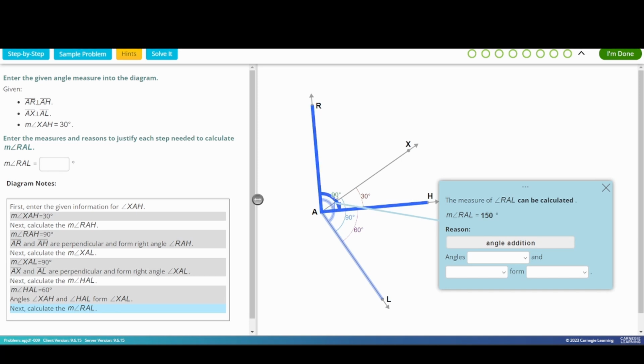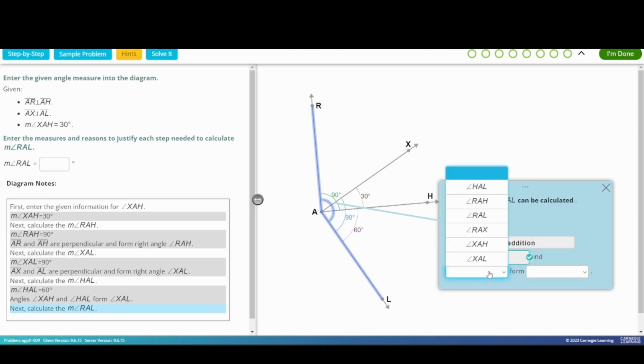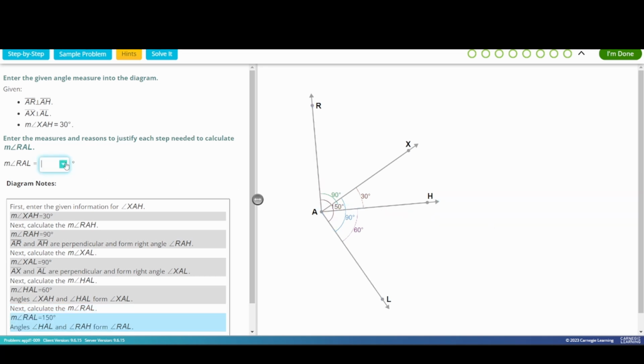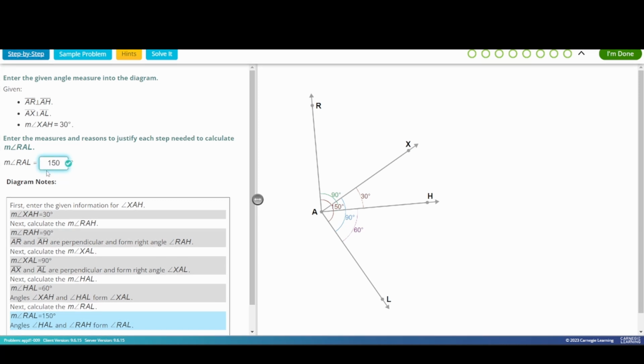So let's do RAH and maybe HAL. That'll still be the same thing. So RAH, there we go. And HAL, and together that forms RAL. Okay, and we said that was a total of 150 degrees here. Now I think we can click that we are done.